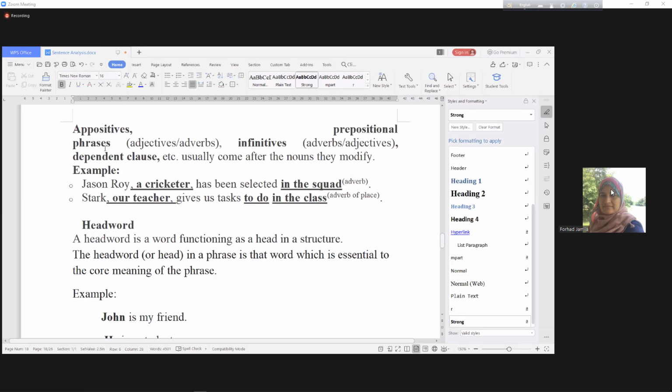Stark, our teacher, gives us task to do. To do is the infinitive, to plus verb. We will discuss later. আমরা এর পরে হয়তো infinitive discuss করব আরেকটা ইয়ারে। To plus verb. To do in the class. That means there are two modifiers: one is infinitive and another one is adverb of place. So now you know what we mean by pre modifier and post modifier.